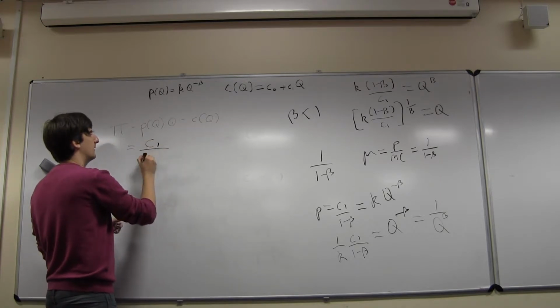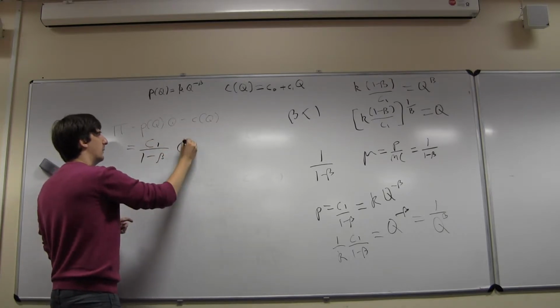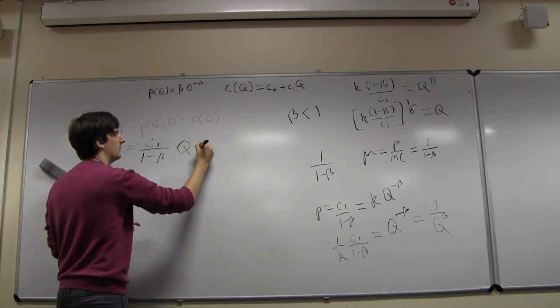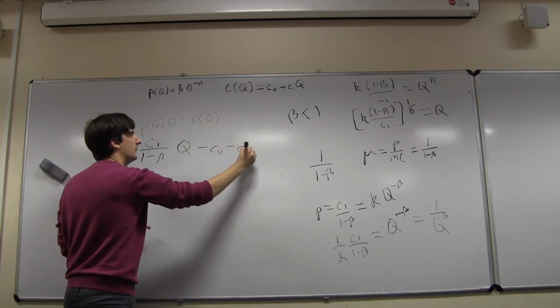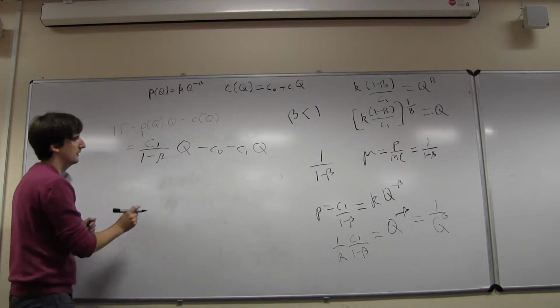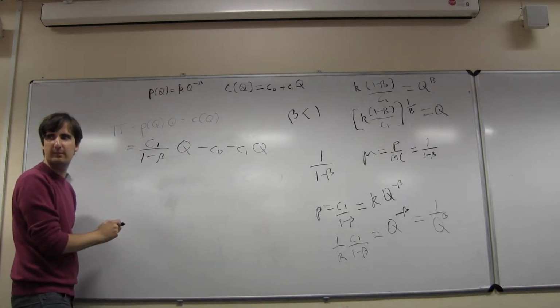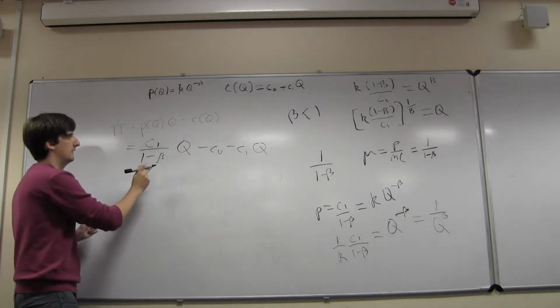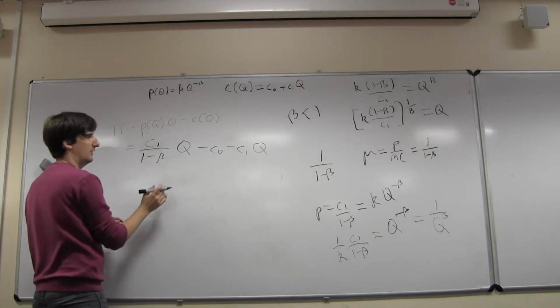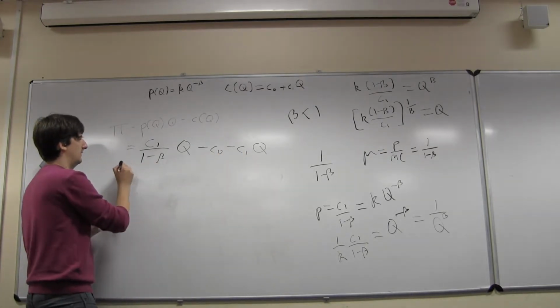So price is C1 over 1 minus beta times quantity, minus total cost, which is minus C naught minus C1 times Q. Okay, so this is a bit nicer expression to work with. So we can collect these two terms together.